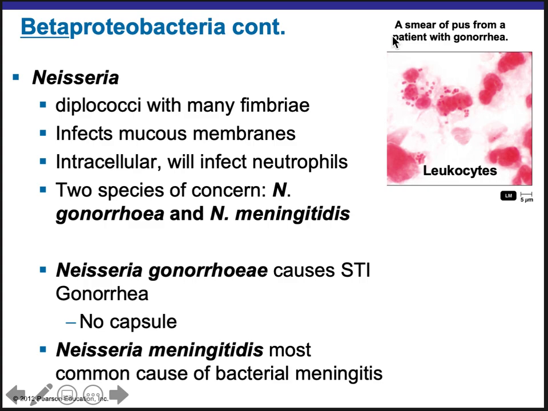And so this is a smear from a sample of pus from a patient that has gonorrhea. Gonorrhea, as you know, is a sexually transmitted infection. What you might not know, I showed you pictures of Neisseria meningitis with the nice huge capsule, and they're both diplococci, but the Neisseria gonorrhoeae, which causes gonorrhea, does not have the capsule, but it is still a diplococci bacteria.